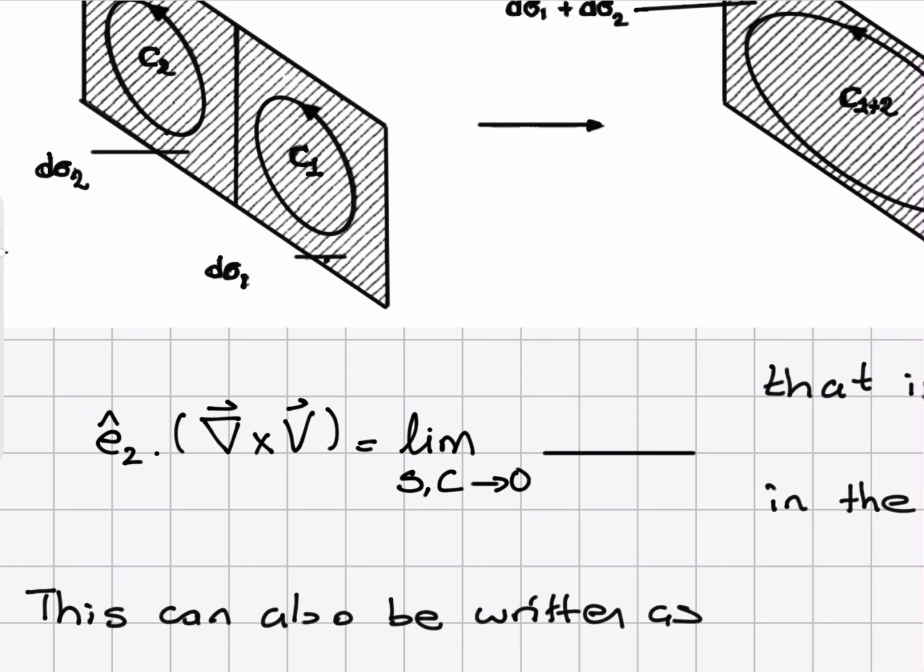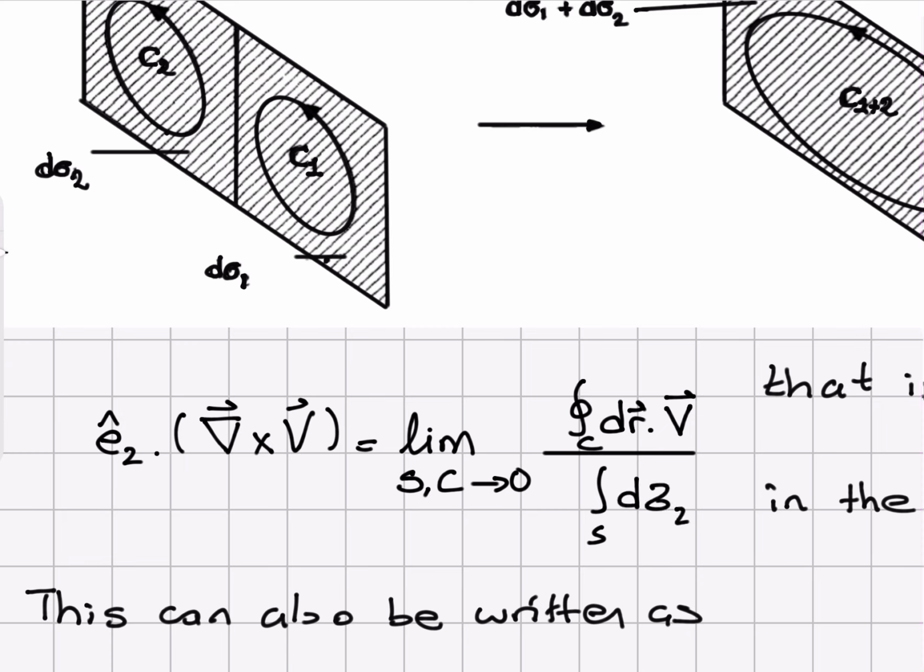The path integral on a closed loop C, dr dot product with the vector v, divided by the surface area d sigma.